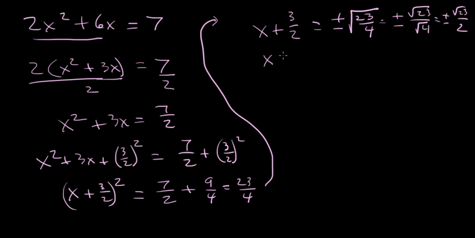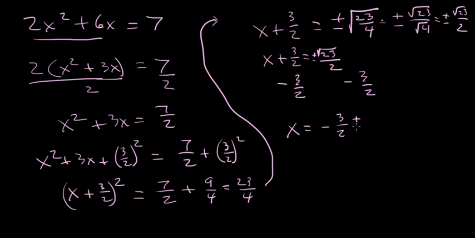So x plus 3/2 equals plus or minus the square root of 23 over 2. Now I'm going to subtract 3/2 from both sides. And so x equals negative 3/2 plus or minus the square root of 23 over 2. And if I simplify that further, they have the same denominator.